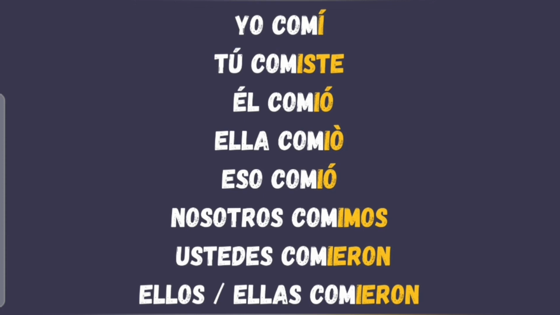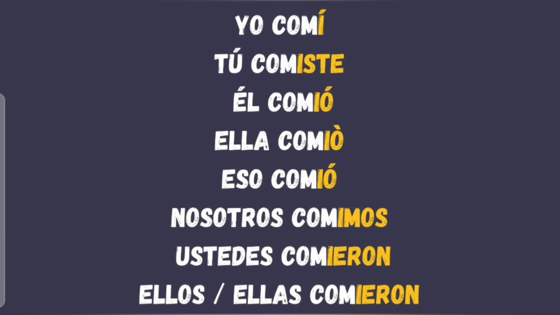Yo comí. And the base word, the root word, as you can see, in every one of the verbs, it's com. This is the word that is never changing because it's a regular verb, okay? So you always have to put com in every personal pronoun.